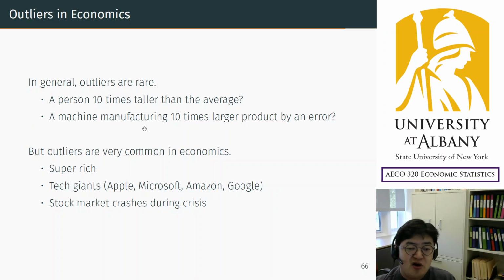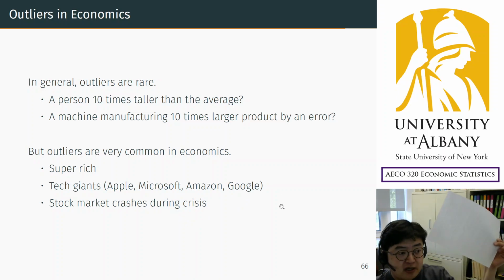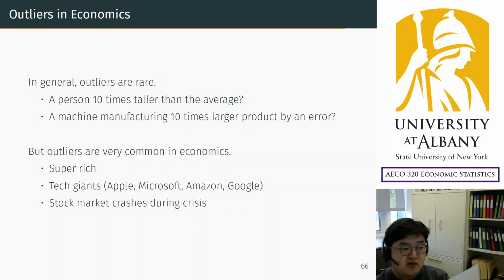Or when you think about manufacturing, you cannot find a product which is twice as large as it should be. For example, when you make a paper like this, there may be an error. The length may have random errors in the manufacturing process, but it cannot be twice as large. That kind of error does not happen in reality, but they exist in economics.